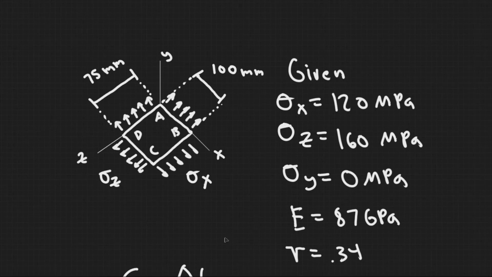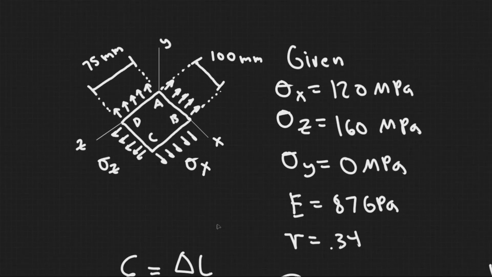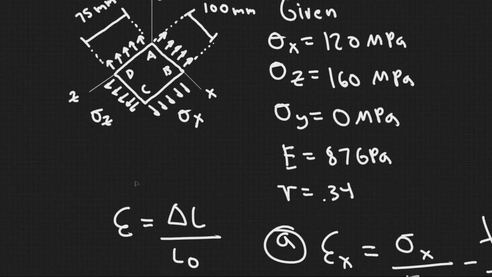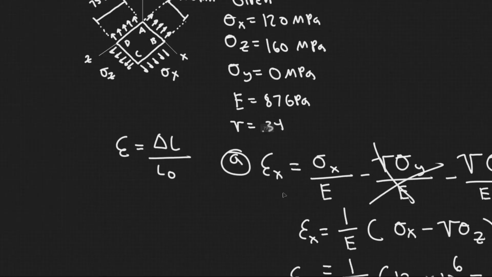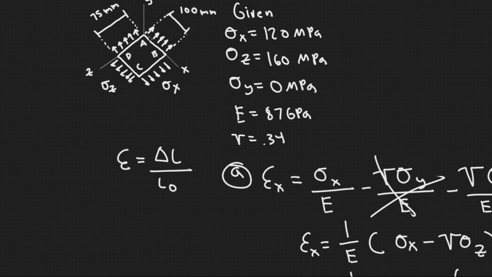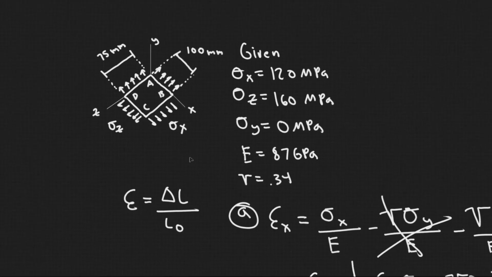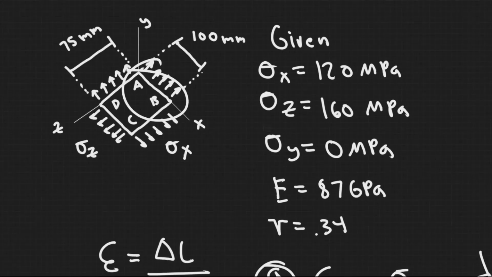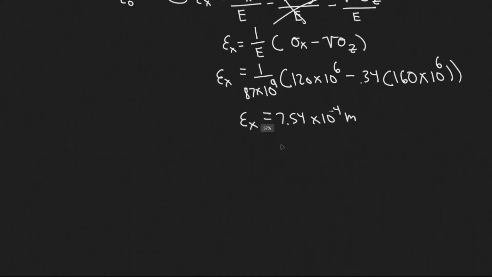So keep in mind, we're doing this for initially side AB, which is this side right here. So we just solved for the strain in the x, which we agreed was the strain in the AB. And then we know the initial length in the AB, right? This length, what is it? It's 100 millimeters. So it's really just a matter of plugging it into this formula here. So let's go ahead and do that.